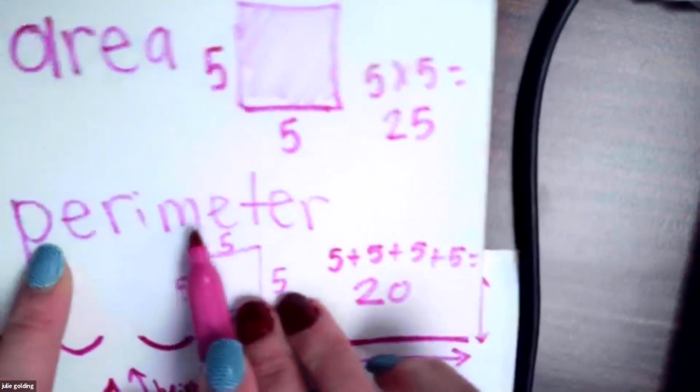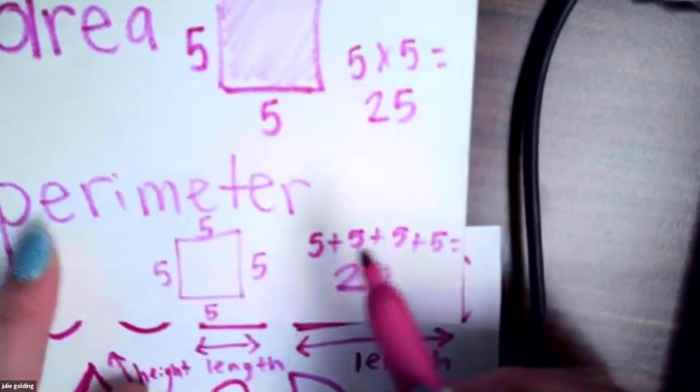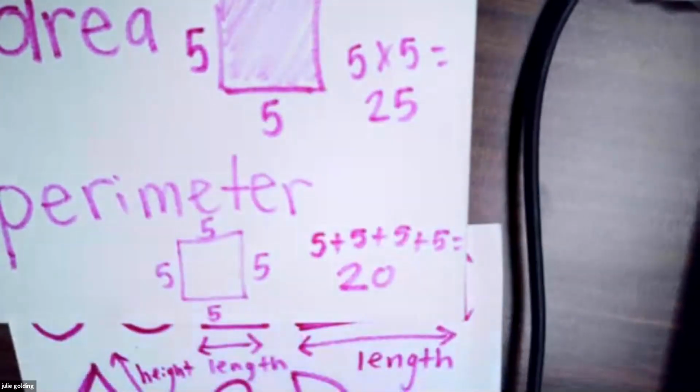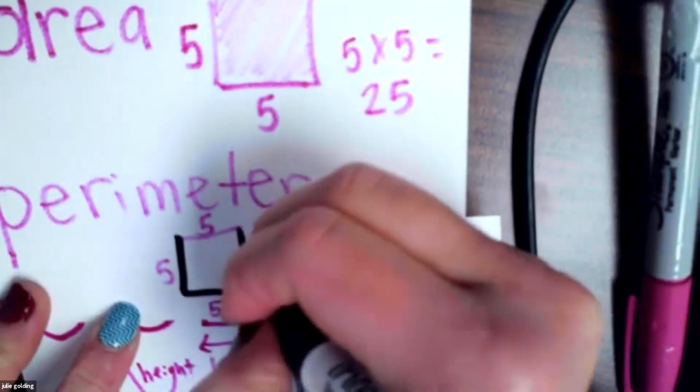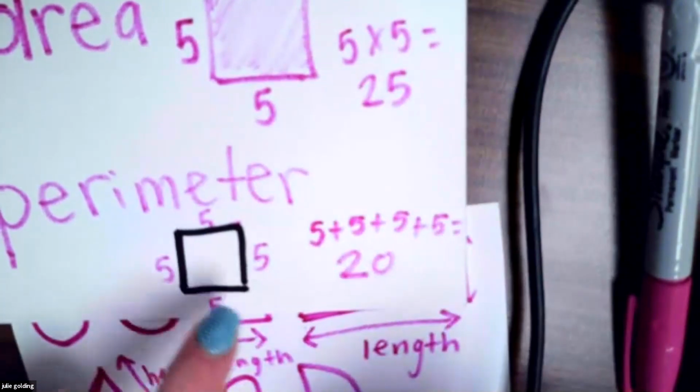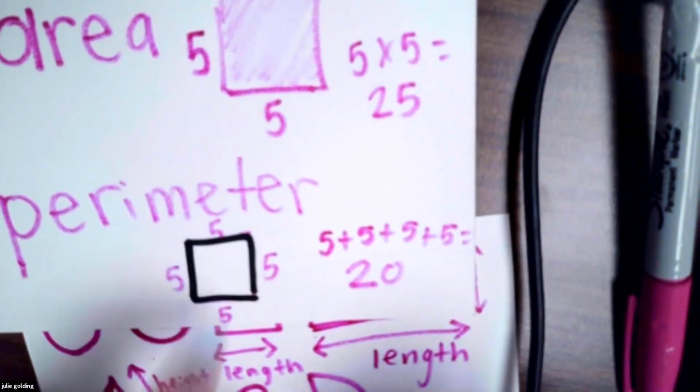So the perimeter is different from the area. So when we find the perimeter, we are just looking at the length of the sides, not the inside.